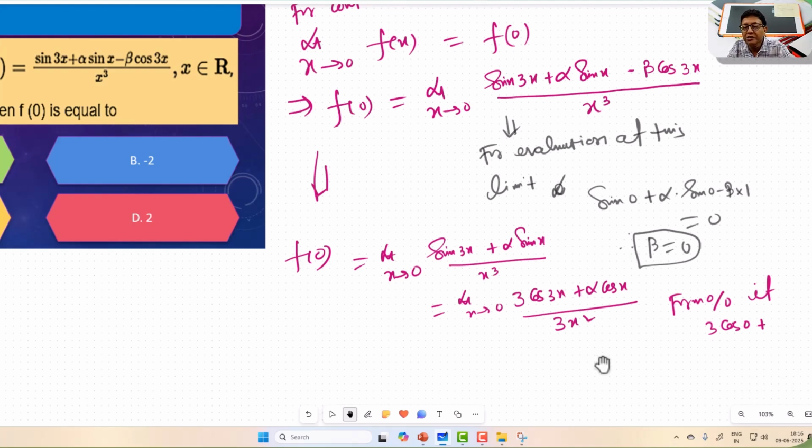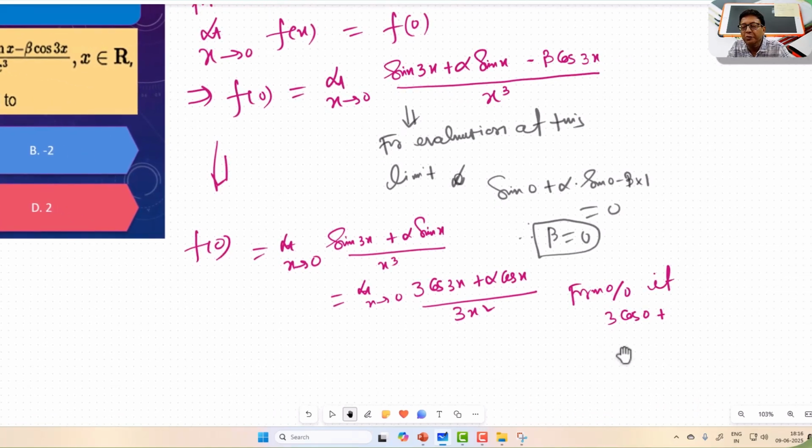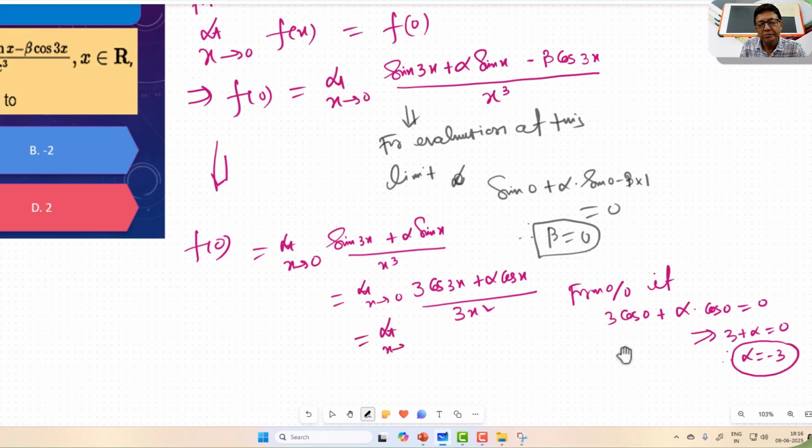So here the form is 0 by 0 if 3 cos 0 plus alpha cos 0 equal to 0. This implies 3 plus alpha is 0. So alpha is minus 3. Substitute there 3 into cos 3x minus cos x by this.